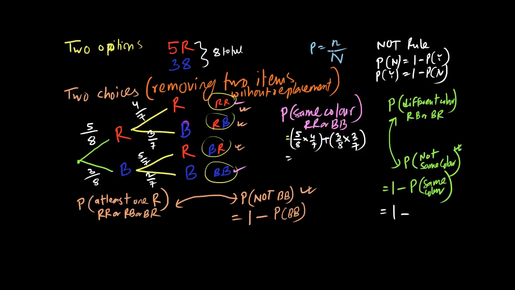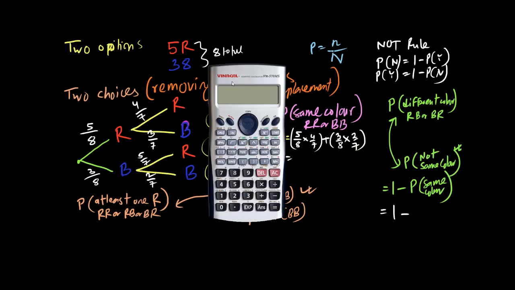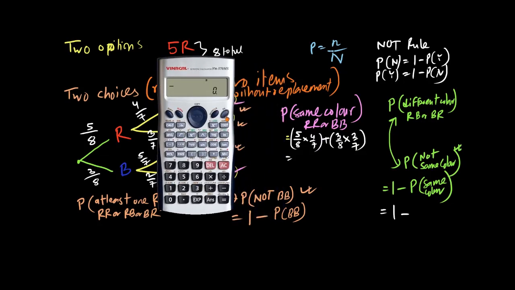So if you do the calculation, when you do probability calculations, you don't need brackets actually, because the calculator only needs to understand brackets when it's dividing. Even for all calculators it doesn't matter, though some calculators need brackets for division. So here you can just directly do this. So this is 5 by 8 multiplied by 4 by 7, and then plus 3 by 8 multiplied by 2 by 7.